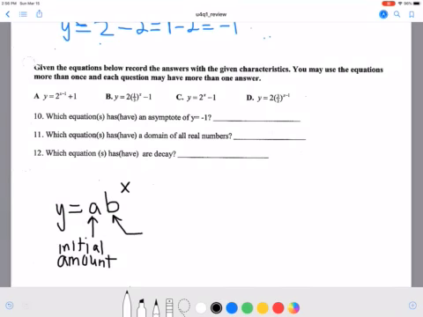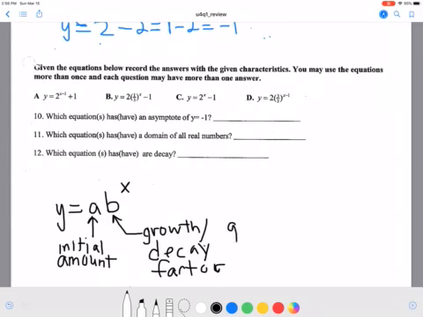B, growth, decay, factor. Remember, growth was when b is greater than 1, and decay is when b is bigger than 0, but also less than 1.